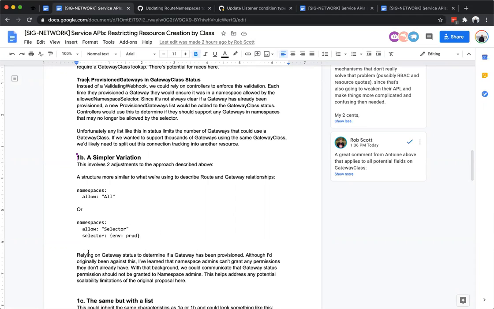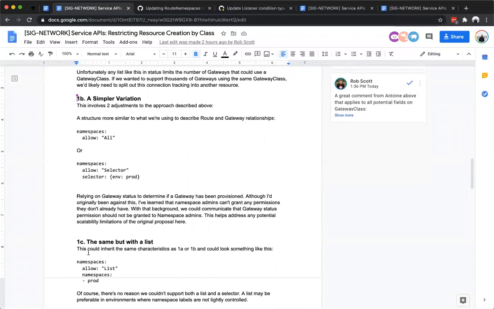But I think it was Mike from SIG Auth pointed out that if you are an admin in a namespace, you can only grant access to permissions you already have. So as long as you restrict who gets the ability to update gateway status, it could still be relatively secure to take this approach. And that would solve that last problem I talked about, which is the limitation in number of gateways that could be stored in a single list in gateway class status.